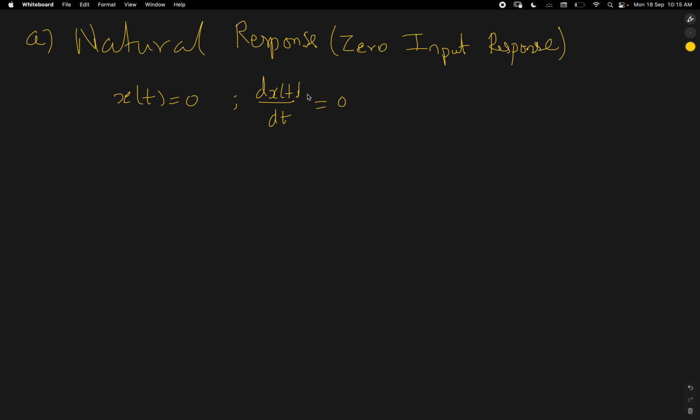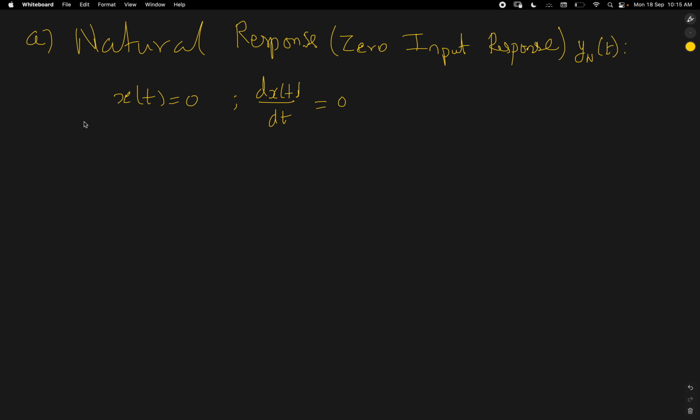In this case, we will consider the y of t as yn of t, since we are having natural response. So here we are considering yn of t instead of y of t.